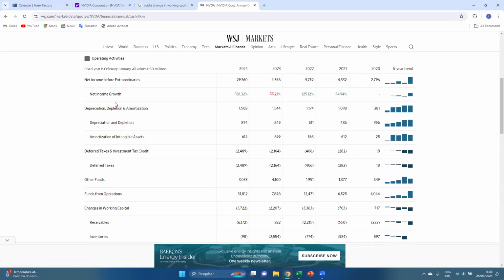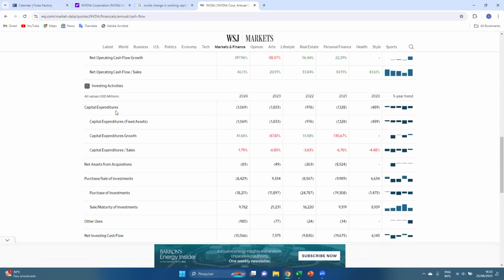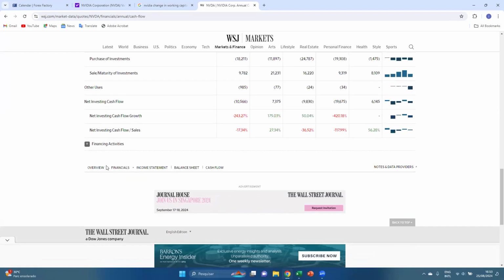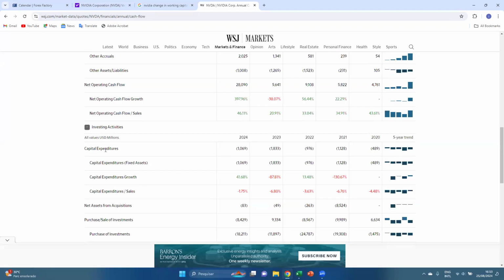For the cash flow, we have operating activities, investing activities, and financing activities. In the investing activities part, you are going to have the capital expenditures, and as you can see, it was 1 billion.